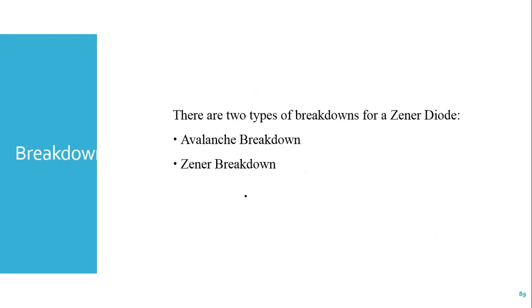So the second breakdown is the avalanche breakdown. One question may arise in your mind: here I am going to increase the voltage level.